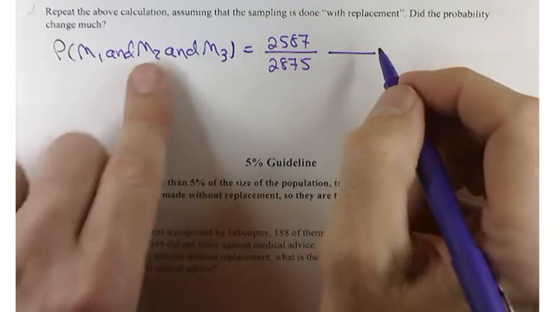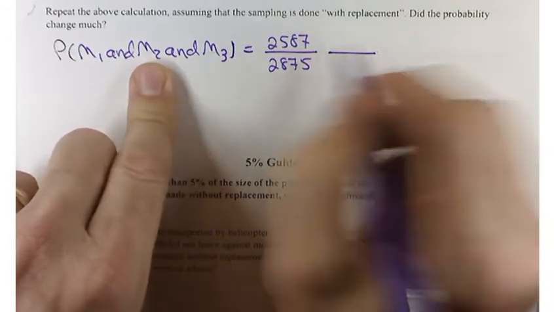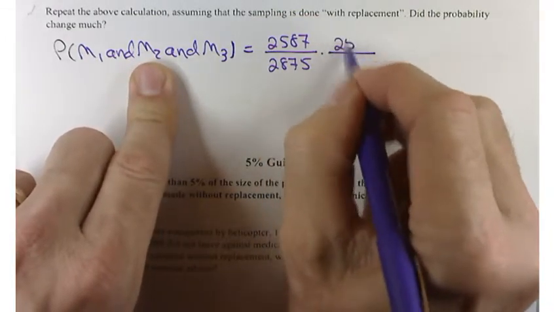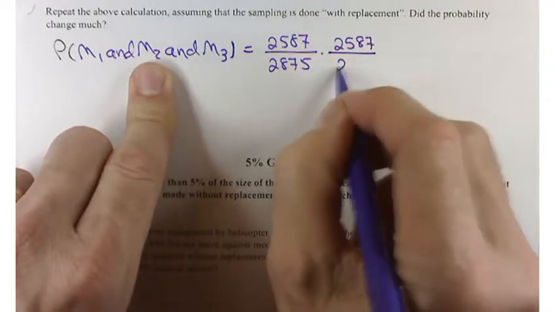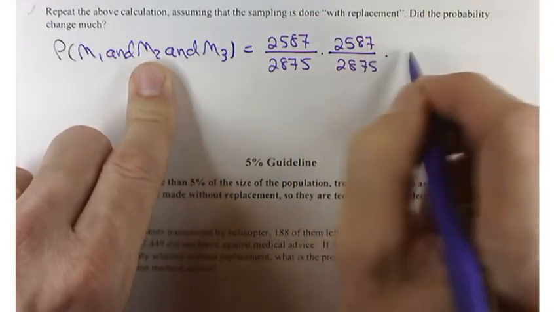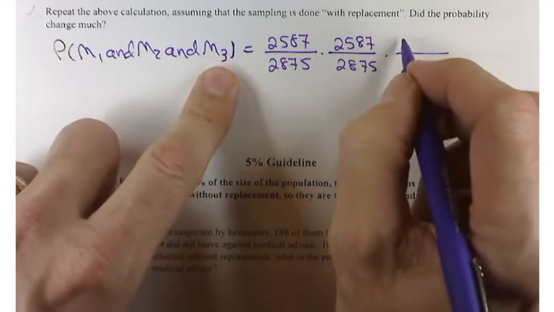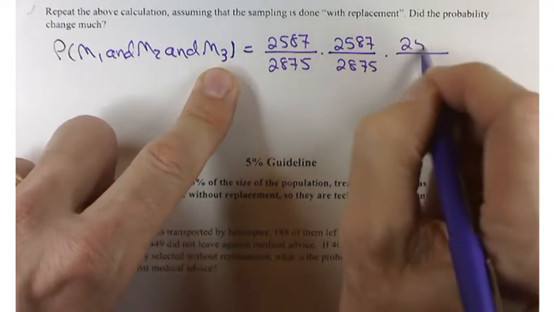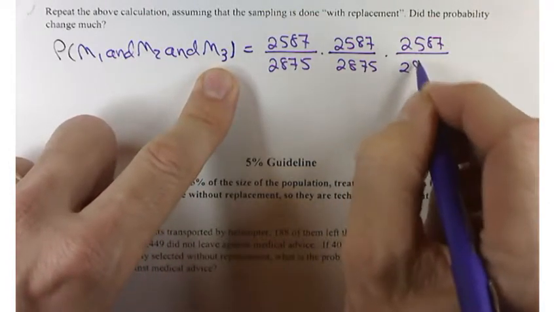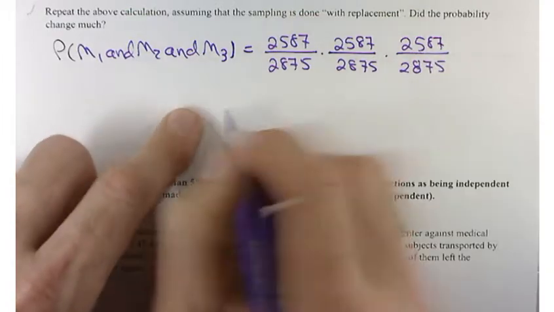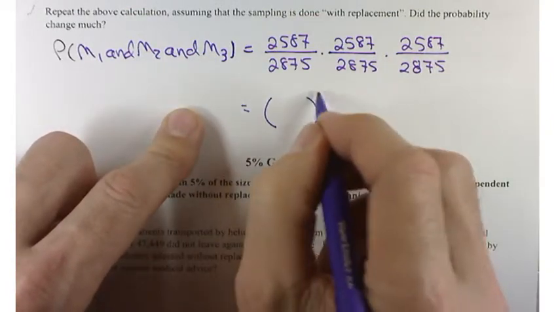What's the probability that the next one meets the requirements? Same as the first one, right? And then for the last one, same thing, 2587 over 2875. In other words, it's just this to the third power.